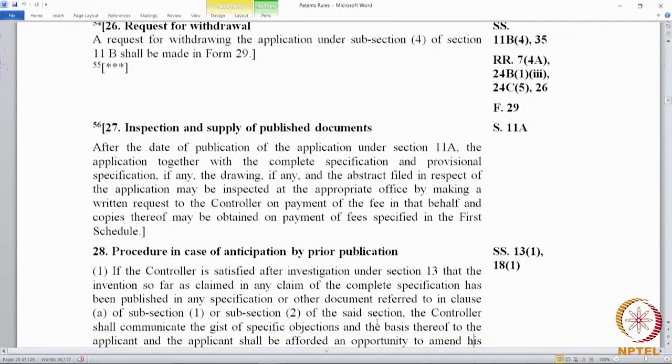So, provisional is expressly mentioned in rule 27, and rule 27 is evidence to show that provisionals will be published. Rule 27 tells us that after the date of publication you could get copies of the provisional. So, provisionals will be circulated after the date of publication if anyone approaches the patent office and pays the required fees.